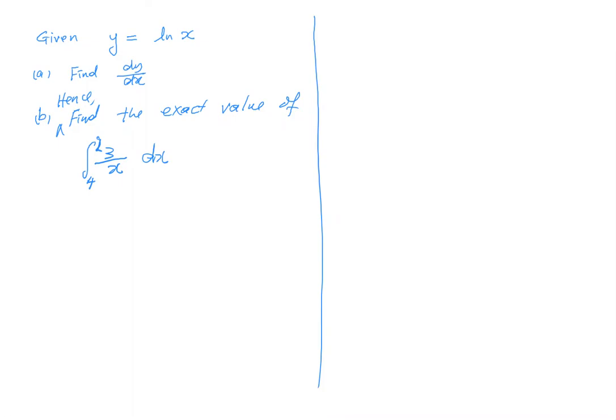Okay, can I show the answer? Yes. Okay, so part A, y equal to ln x. So dy dx equal to 1 over x. So for part B, I have to start with this first because they are not exactly the same. So what will I get? Ln x. Good.